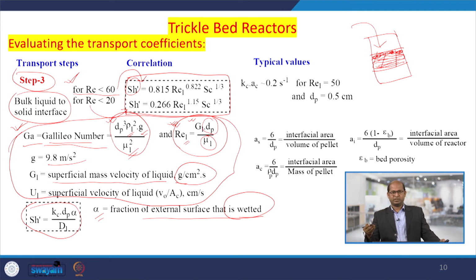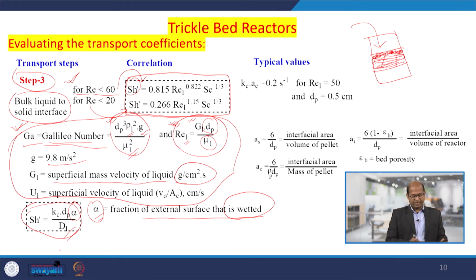So, for the total bed, how much percentage is unwetted, that we can find out; that is the fraction of the external surface of the catalyst or bed that is wetted. If you know that, we substitute here, and the diffusivity dl, which we know for that particular gas and liquid system, and then Kc and dp.